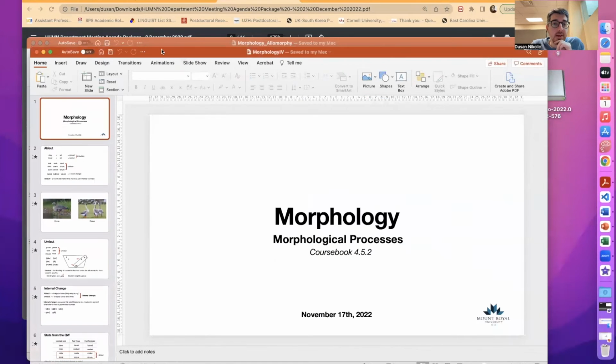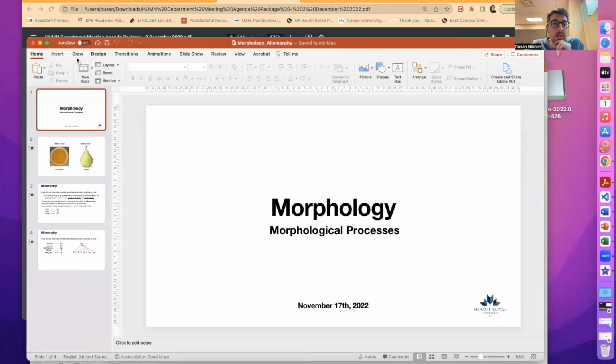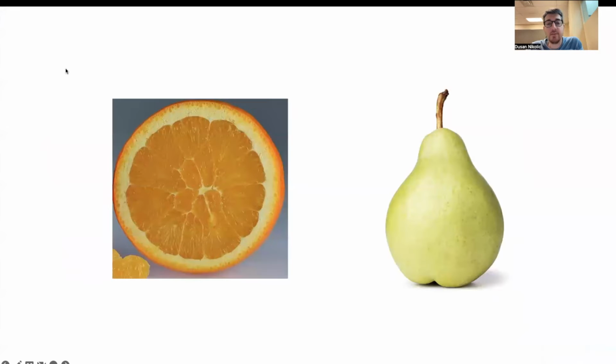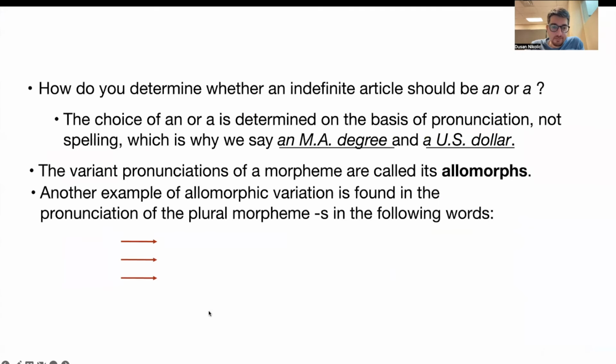I want us to go through another important process, which we call allomorphy. For example, this one is an orange, and this one is a pear, right? We say an orange, and we say a pear.